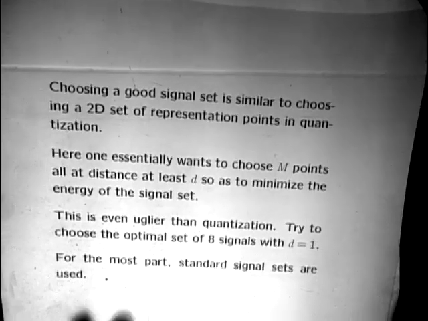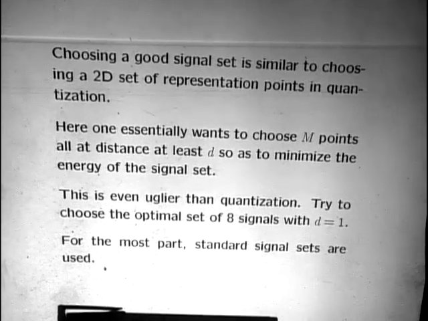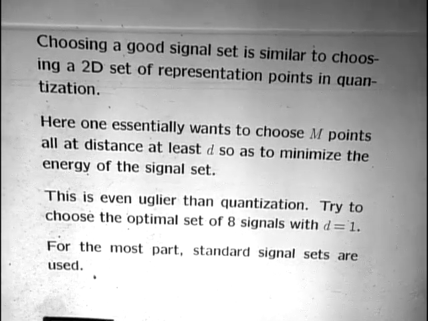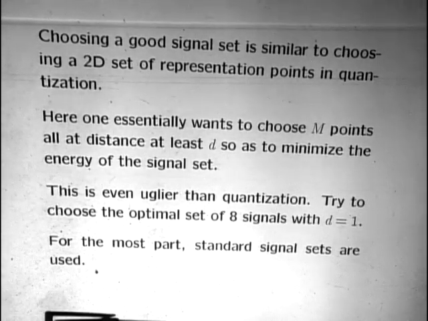Choosing a good signal set is similar to choosing a 2D set of representation points in quantization. If you like to optimize things, you see this problem and say, gee, at least there's something I can put my teeth into here. What's the best way to choose a signal set?